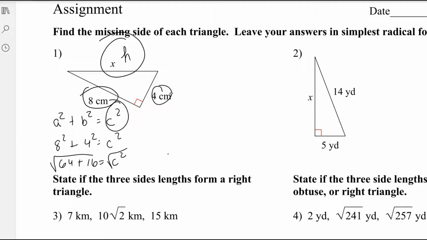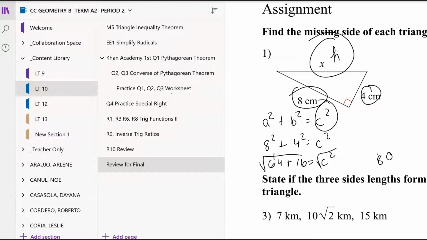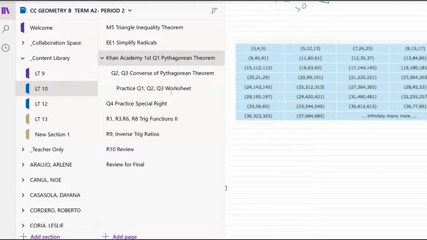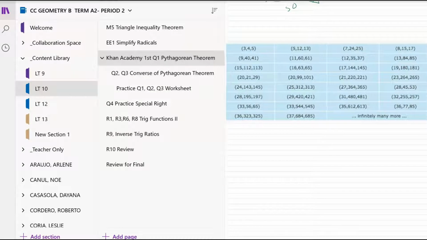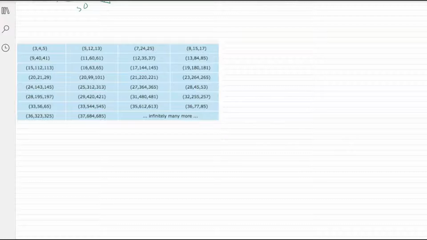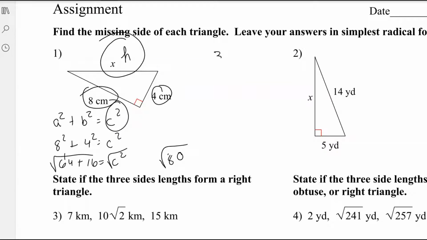Is this one? It is not a Pythagorean triple. But if it is, you want to state that it is a Pythagorean triple. If you recognize they gave you 3 and 4 and you realize it's a right triangle, the other side must be 5, so just state Pythagorean triple.